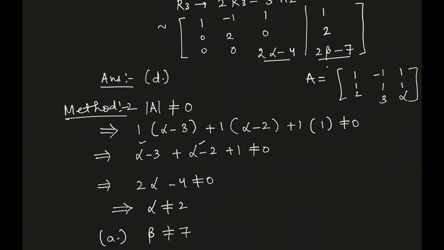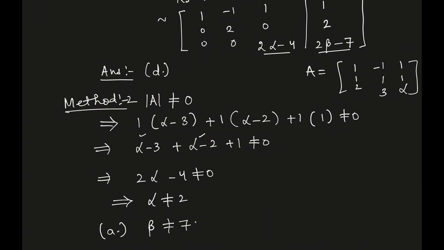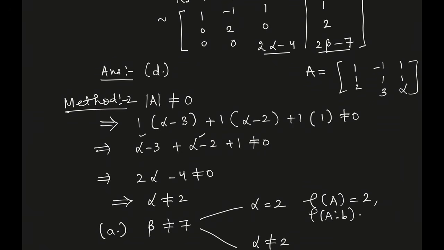Okay. So if beta is not equal to 7, then there are two cases. Either alpha can be 2 or alpha cannot be 2. So if alpha is equal to 2, then rank of A will be 2 and rank of augmented matrix will be 3, because beta is not equal to 7. So this implies no solution.